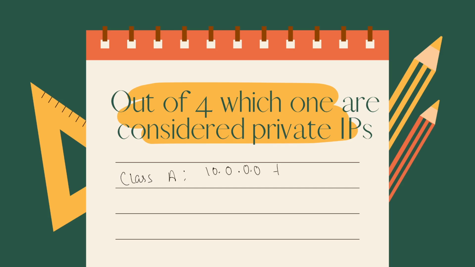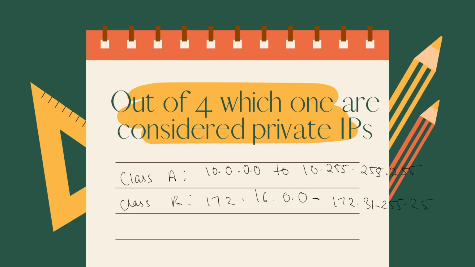10.0.0.0 to 10.255.255.255. Okay, and if it is class B, what is it? Class B is 172.16.0.0 to 172.31.255.255.